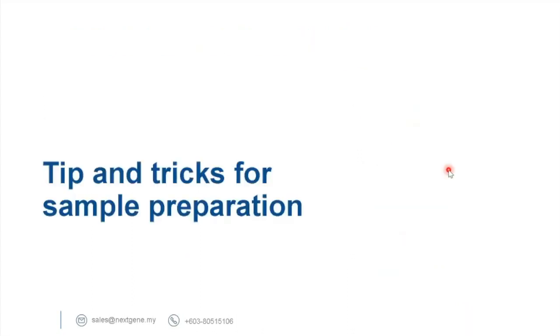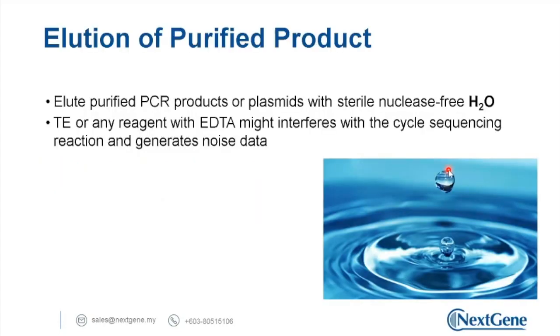Okay, so next, some tips and tricks for sample preparation. The first important point is that when we elute the DNA from, let's say, the cleanup kit or the gel extraction kit, elute the purified product or plasmid with nuclease-free water.